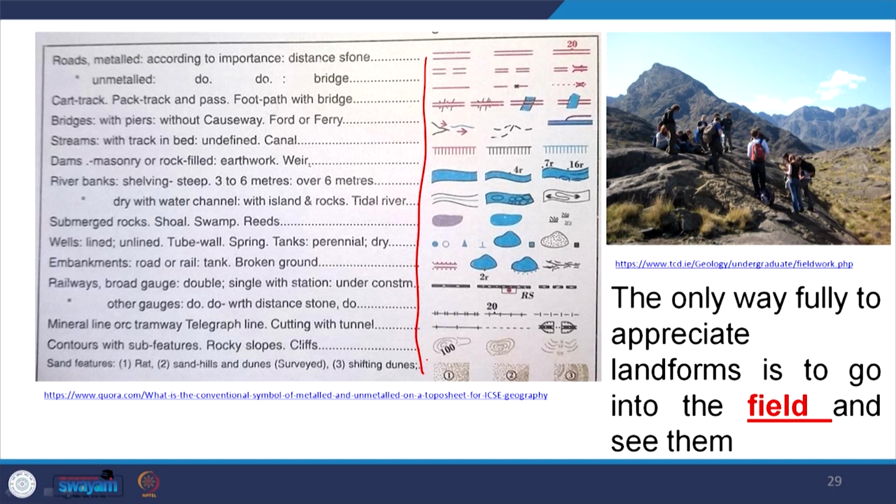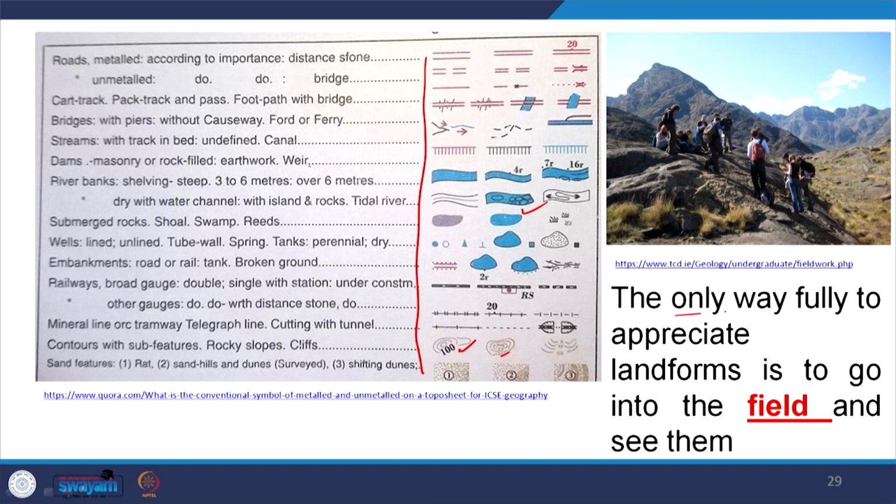So, if you see here, this is a closed contour, this is a dotted contour. These are the canals, the roads, the rivers, the rocky portions, the meanders, the swamps. There are different symbols that have to be properly understood when you interpret a geological map or a topographic map.